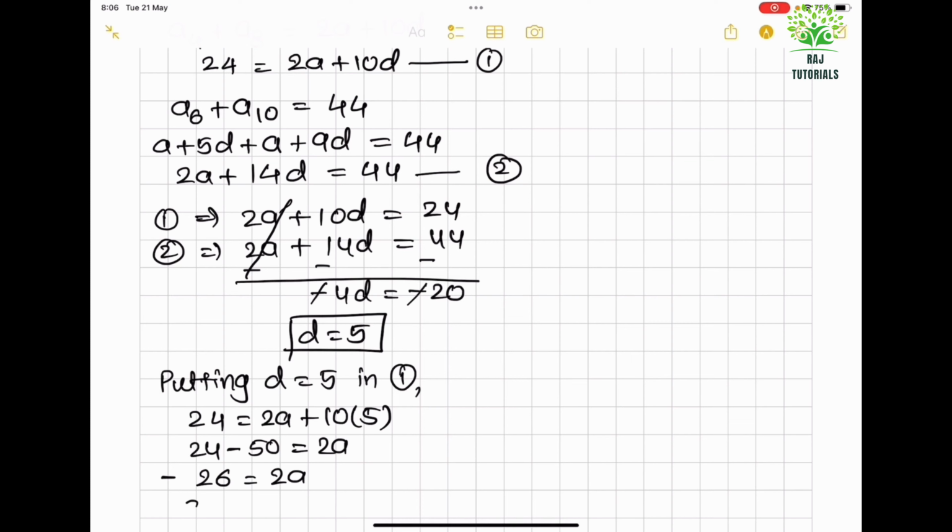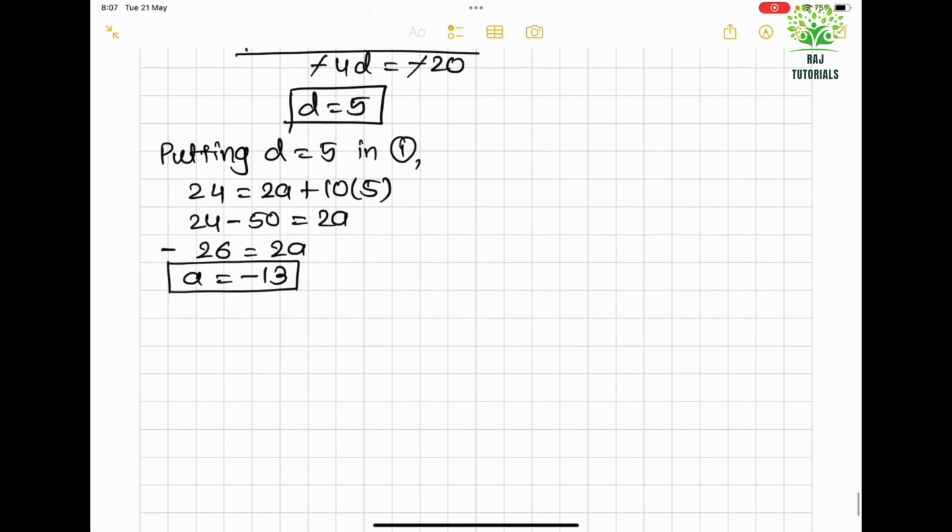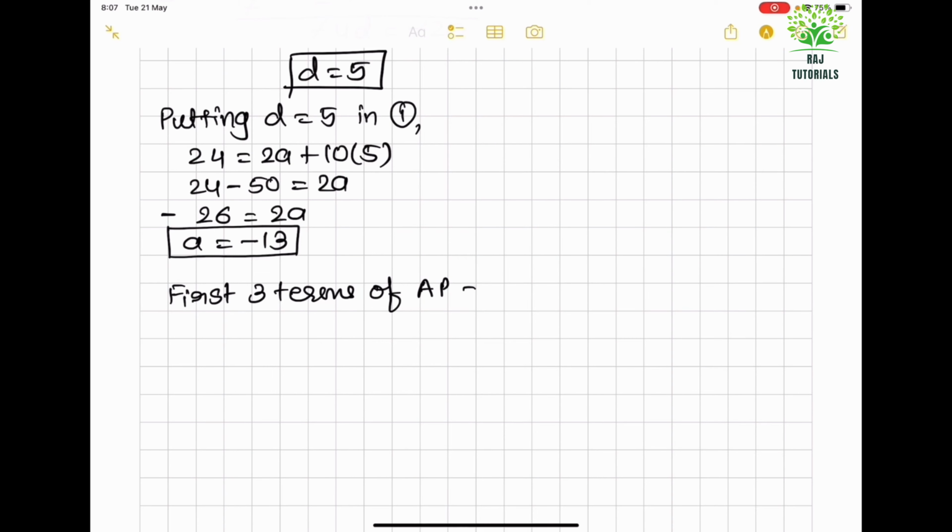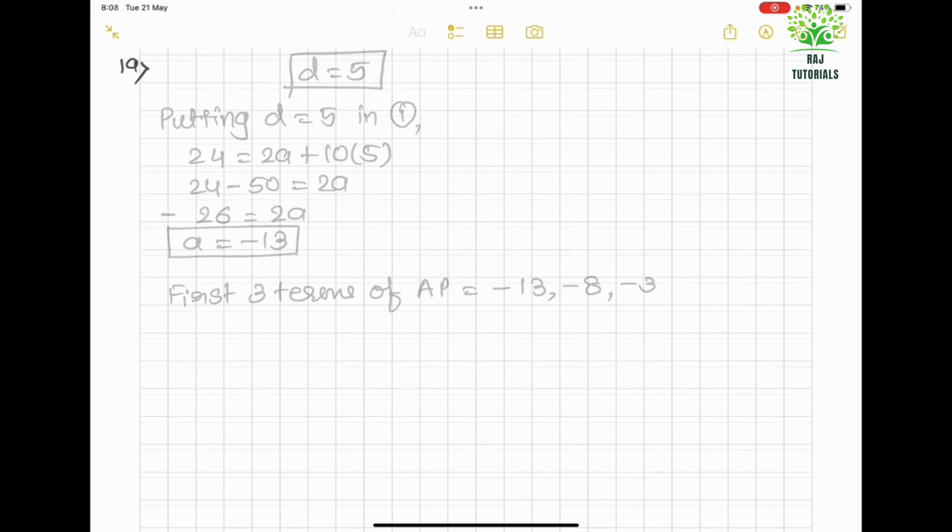Minus 26 equal to 2a. So a equal to minus 13. Now I know a and d. So the first three terms of the AP will be minus 13, then the second will be minus 13 plus 5, so minus 8, and the third will be minus 8 plus 5, so minus 3.